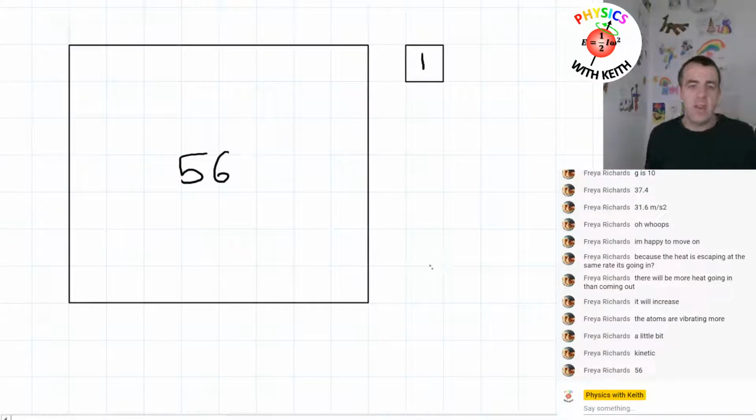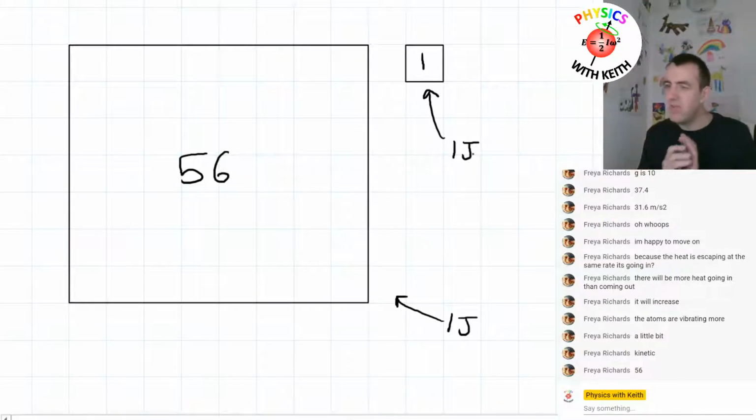Let's imagine that I give the one on the left an amount of energy, kinetic energy. I push the molecules, all 56 molecules, and the whole box gets 1 joule. And on the right, I give it 1 joule. The amount of heat energy I've put in each box is the same.